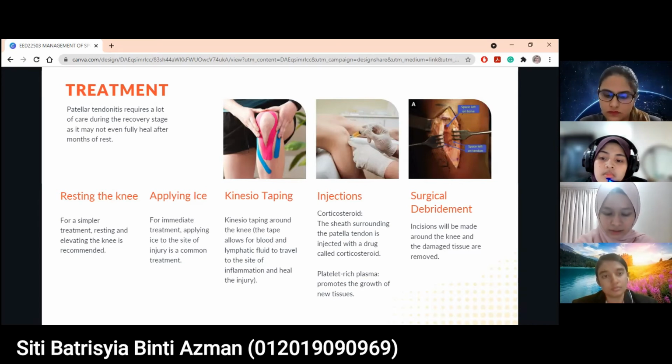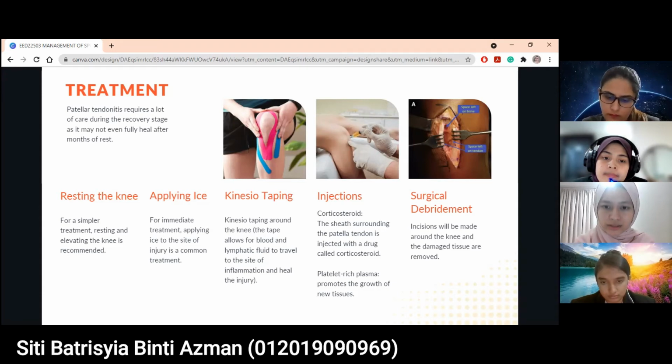The other types of treatments are medical procedures. Medical procedures for jumper's knee are very new, so there is not a lot of research that backs them up, but there are some positive effects from these treatments. The first type of actual medical treatment is injections.